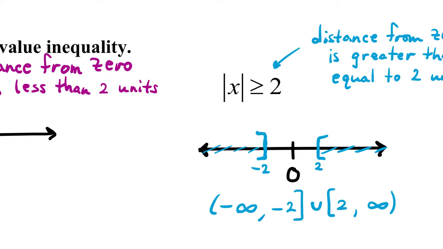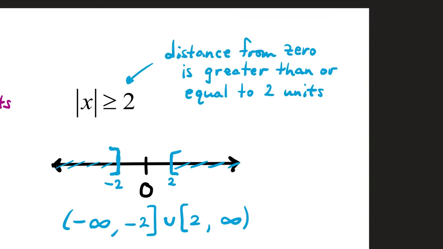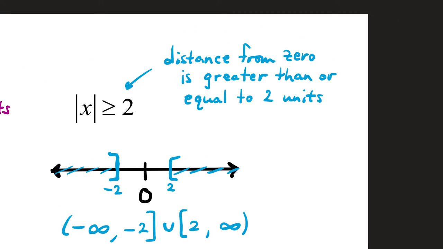If your inequality involves a greater than or equal to, then you want to think farther distances. For example, we're looking for all values of x such that their distance from zero on a number line is greater than or equal to 2 units away.